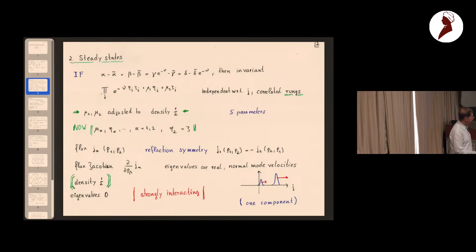And physically, what they mean are the normal mode velocities. So if you make a little perturbation, and then you see how the perturbation spreads, then we have here a 2x2 matrix, so we'll have two eigenvalues. It will give you two sound speeds, and you will see these two peaks moving. So here you should think of having fixed one of these steady states, a small perturbation.